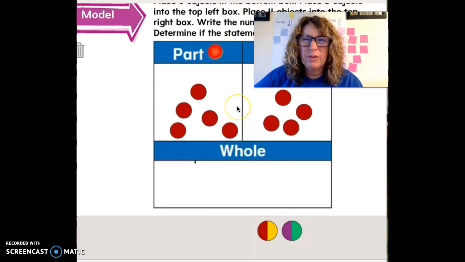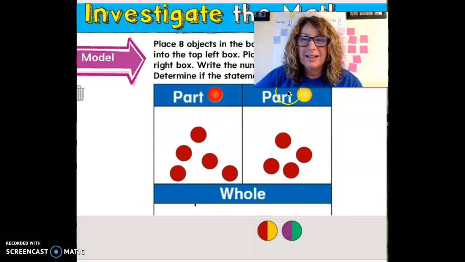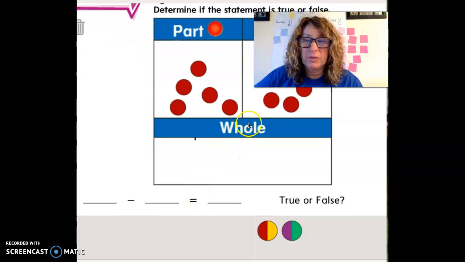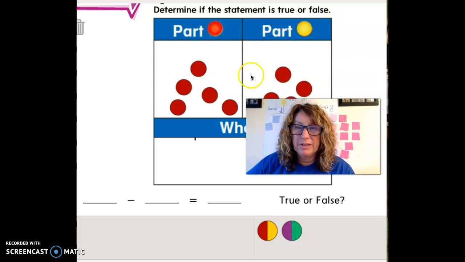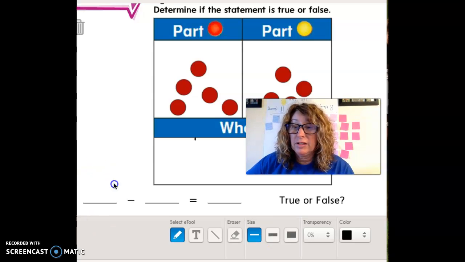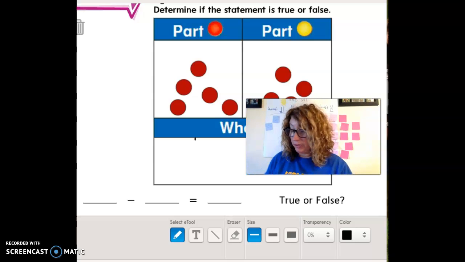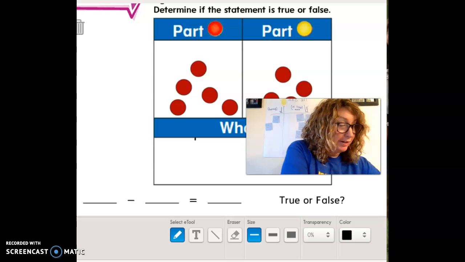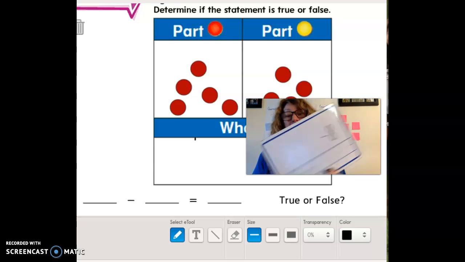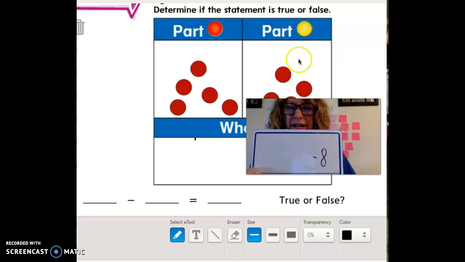So now I need to write a subtraction equation. So let's pretend I have 8 here, okay? Can I write a subtraction equation using these? Eight, and I'm going to do it on my whiteboard because it's not working. There were 8 there in all, and now I need to take away. I'm going to take away these 4, okay?